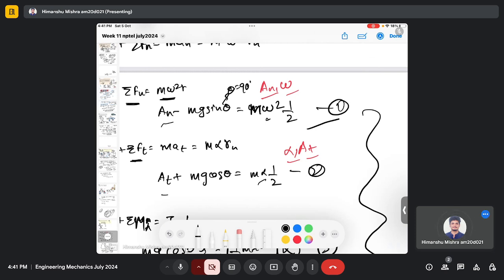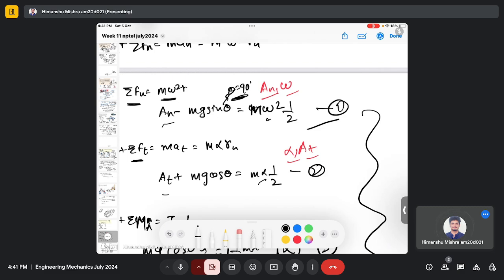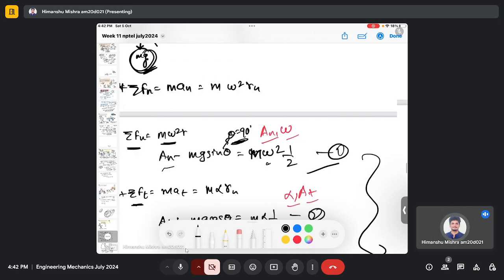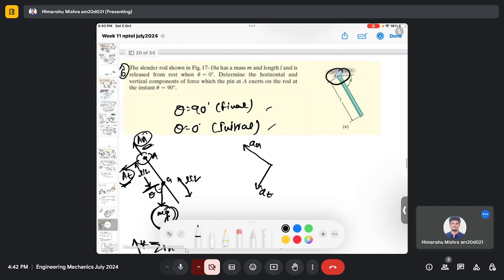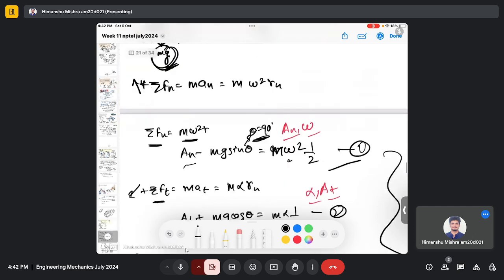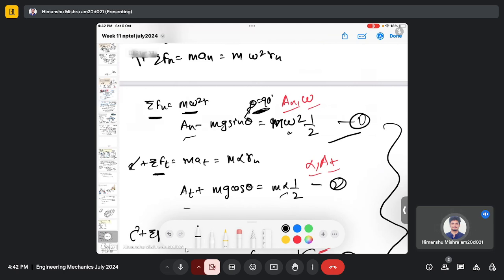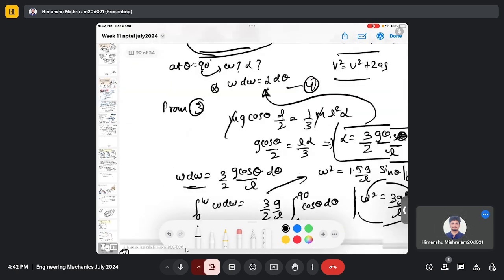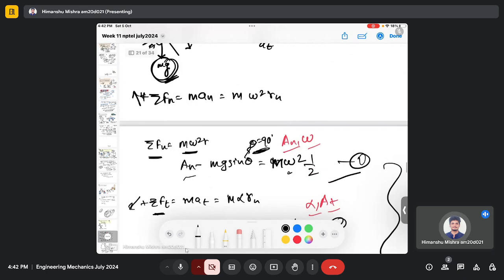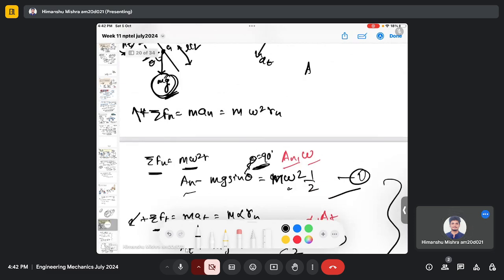Now at this theta we need to find the unknown quantities which is given. So the sine 90 is 1 and omega square is 3g by L. So equation 1 will become En minus mg equals m, omega square is 3g by L, multiplied by L by 2.